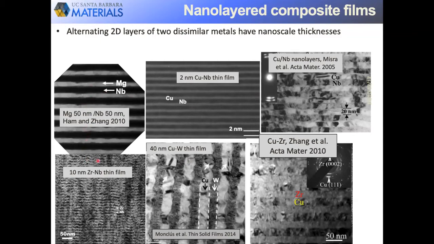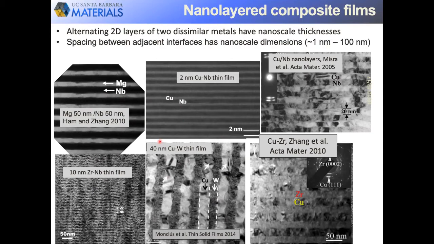Some examples are copper niobium, magnesium niobium, or zirconium niobium, and then even here I got copper tungsten. So note in all these examples, they are comprised of pure metals, and the spacing between the adjacent interfaces is again on the order of nanometers or a few nanometers.